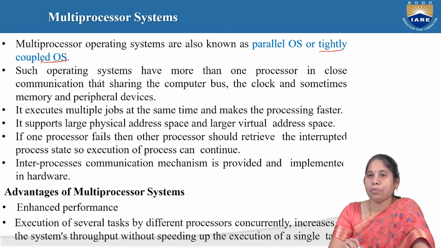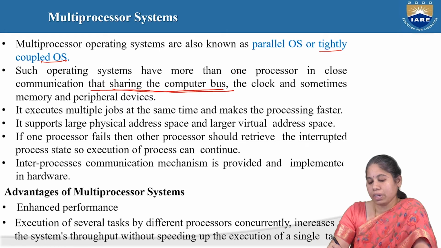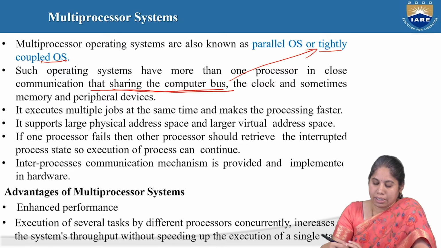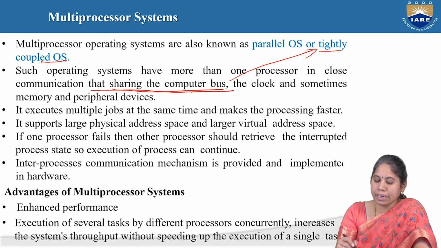These systems have more than one processor in close communication, sharing the computer bus. This is more important. That's the reason we call it a tightly coupled operating system. We may come across loosely coupled systems in later sessions. It is vice versa: if you do not share the computer bus or any resources, then it is loosely coupled.